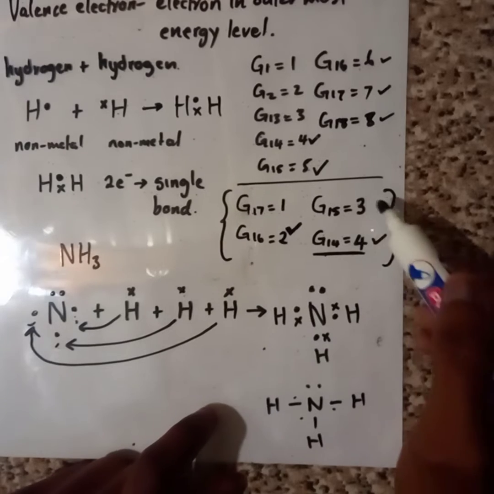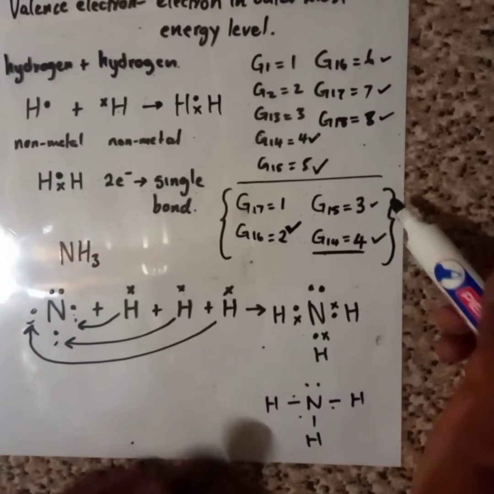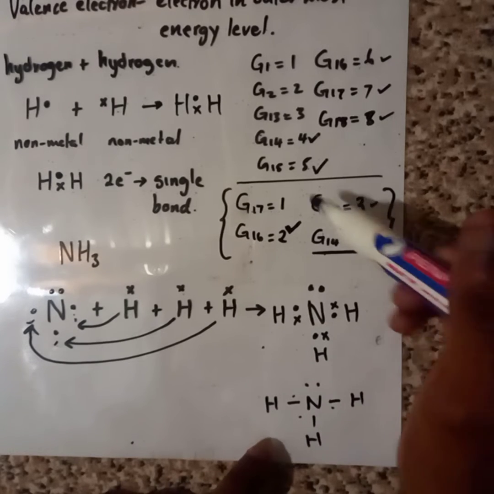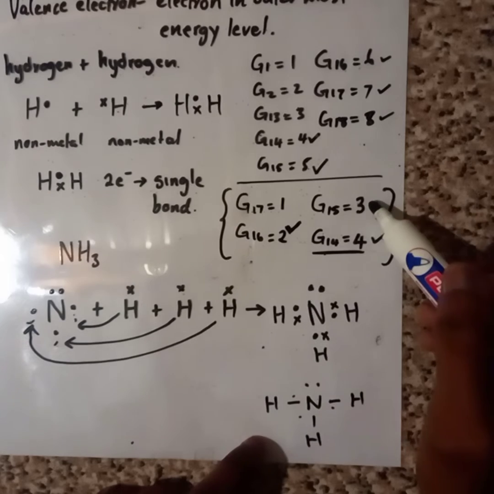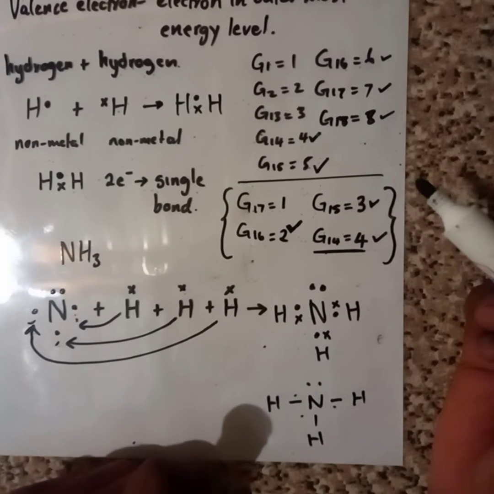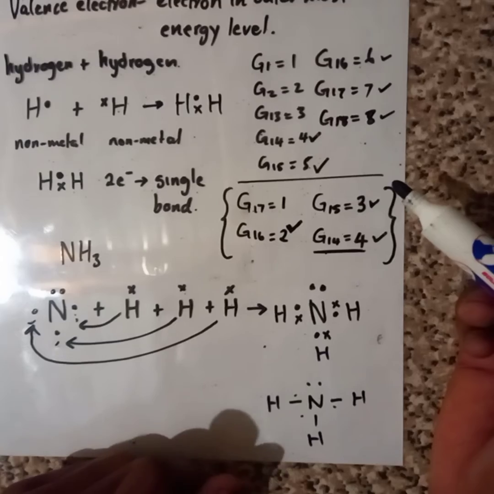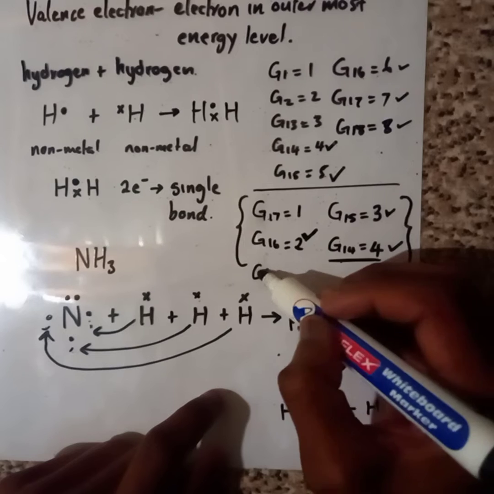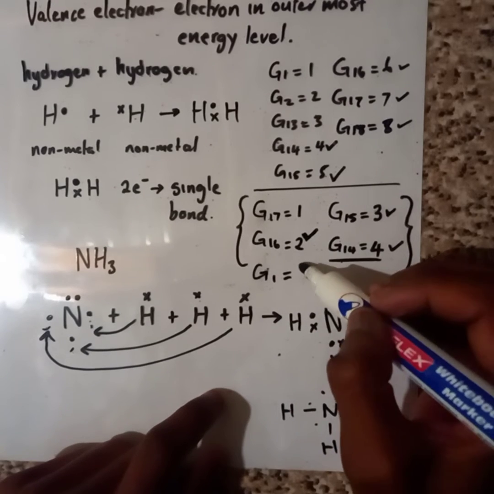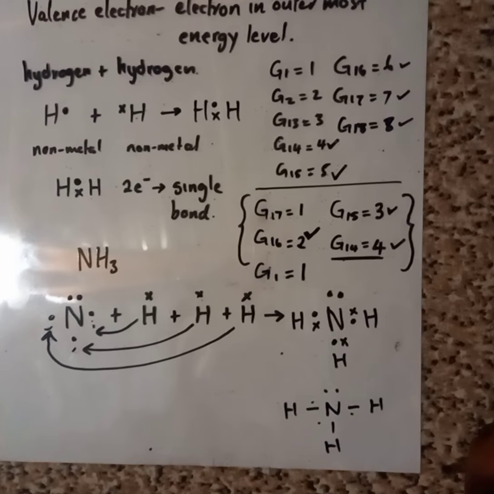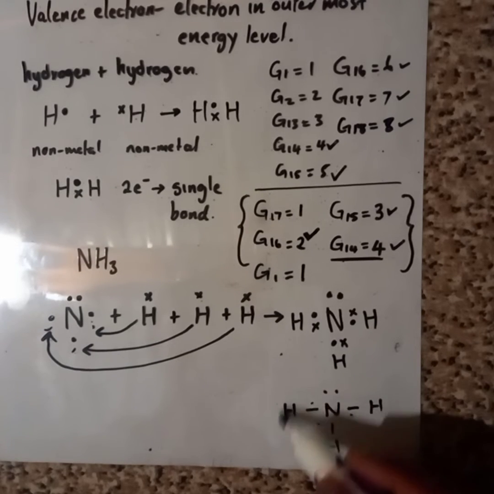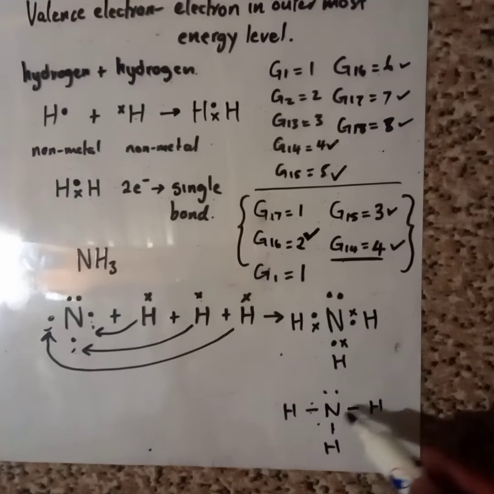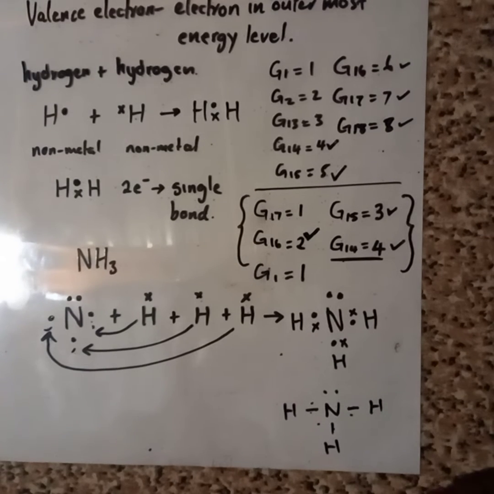You see, it has 3 bonds. I wanted to highlight that at the end of the day, the nitrogen will have 3 bonds. Then another thing is that hydrogen, it is situated in group number 1, will always have 1 bond. See, each hydrogen has 1 bond, but for nitrogen we have 1, 2, 3 bonds surrounding the nitrogen.